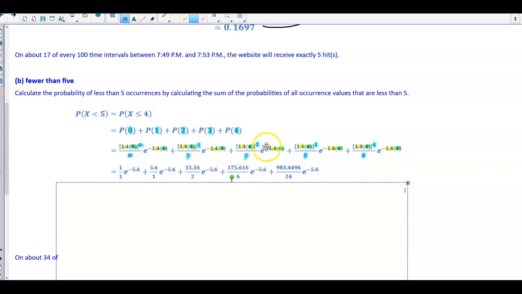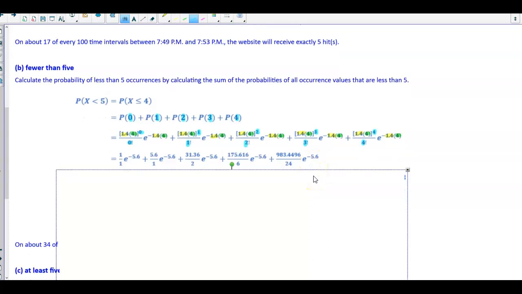That gives us the second one over here because this is squared. And over here, raised to the third power gives us the following over 6 because 3 factorial is equal to 6, times e to the negative 5.6 plus over here in the numerator we get 983.4496 divided by 24 times e to the negative 5.6.